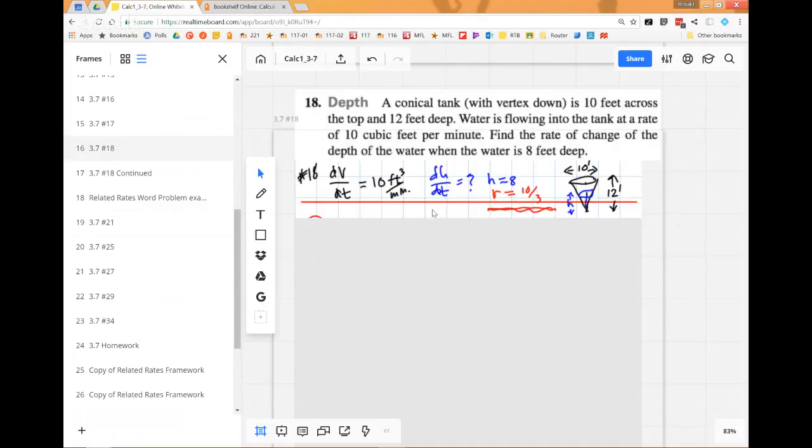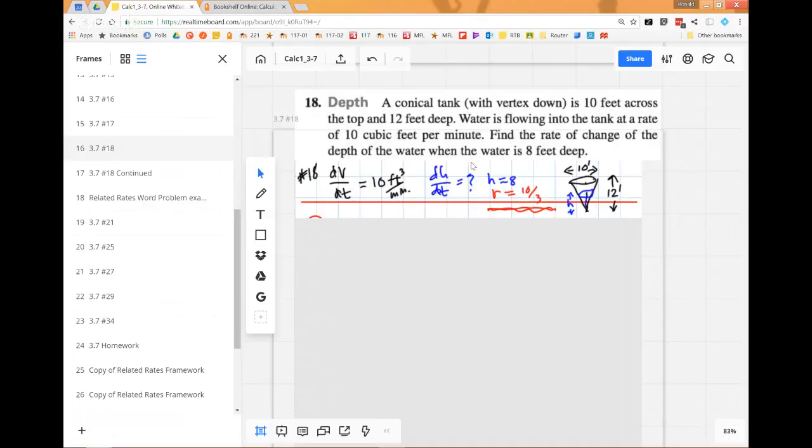So in effect, the volume is changing at the rate of 10 cubic feet per minute. So that's the dV/dt on the left here that's given. We're supposed to find the rate that the height is changing. They call it the depth of the water, but that's this dH here. So dH/dt, that's what you're trying to find.